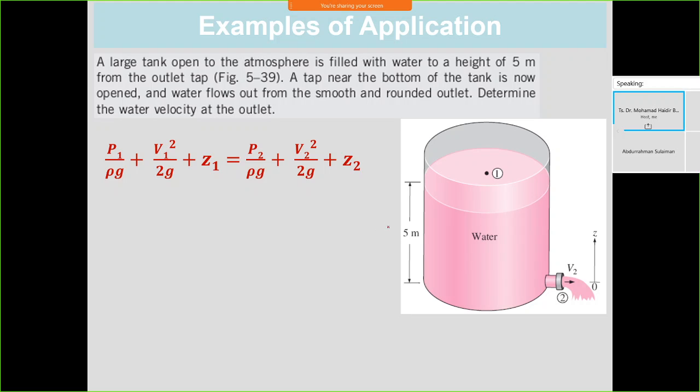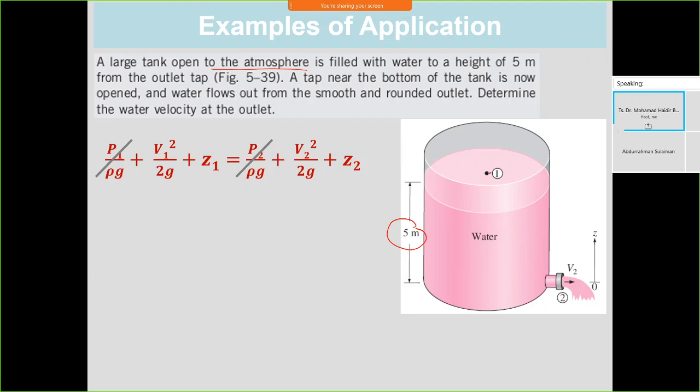So this is 5 meters, and there is an outlet here, and the first point is here. The first point is a large tank open to the atmosphere. So what you know from this equation is that the pressure is 0 gauge, so you can neglect the pressure part.